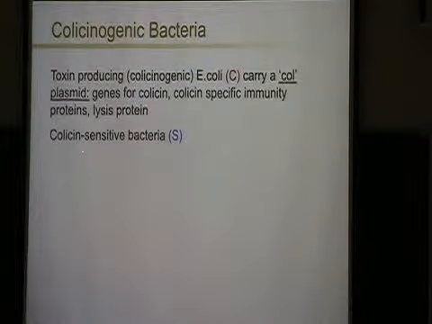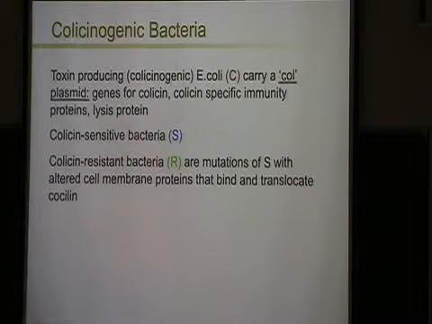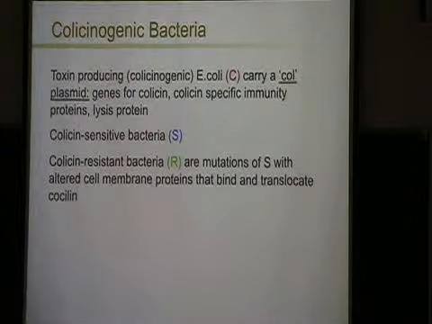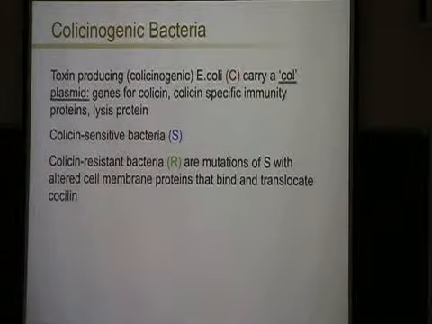Then there are sensitive strains. They're simply killed by the toxin-producing strain. And there are mutations in the population. These mutants became resistant against the toxin by a mutation of a membrane protein, which is responsible for the uptake of the poison.